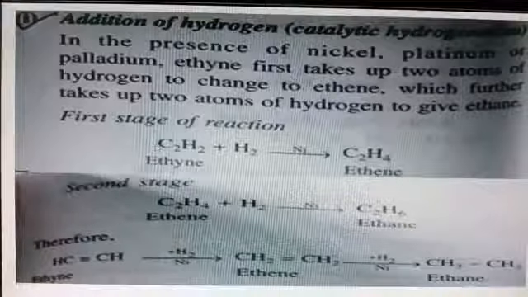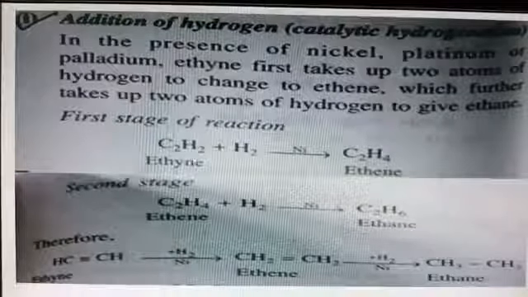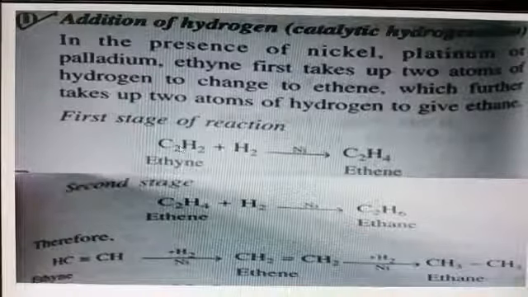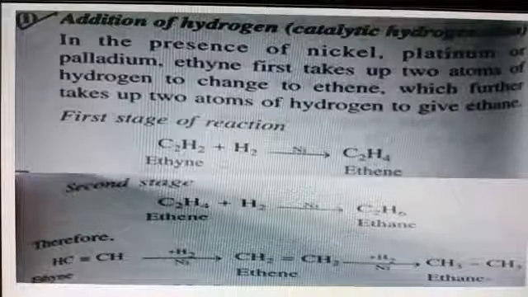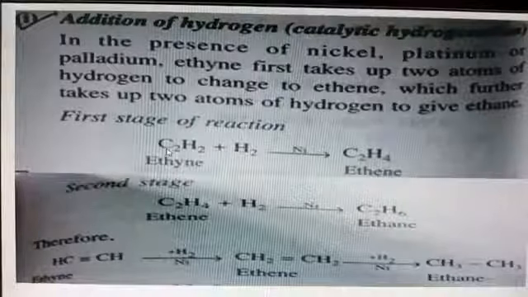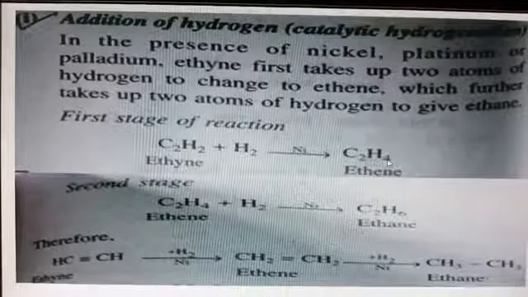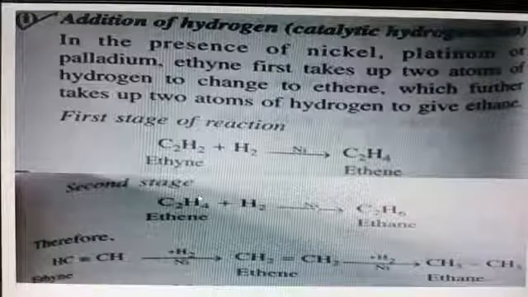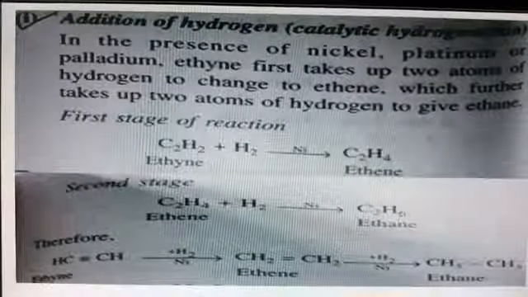So let's see this step. First stage: ethyne in the presence of nickel breaks and 2 atoms of hydrogen are added, one to each carbon atom, so it forms C2H4. Then again this C2H4 in the presence of nickel breaks, and two more hydrogen atoms are added.